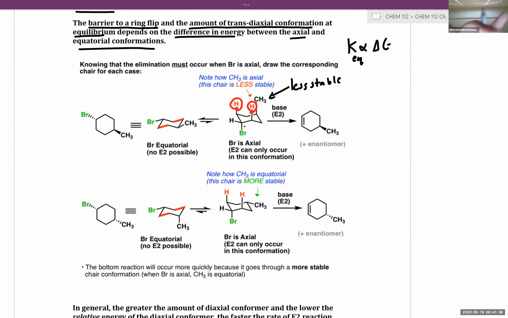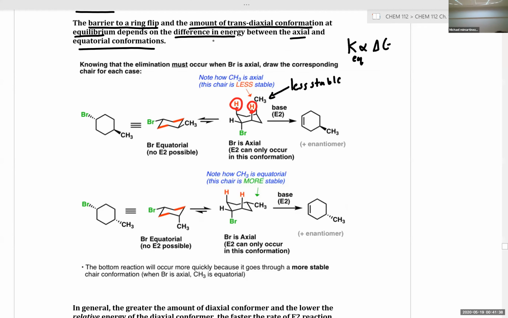Now, if we compare these two diastereomers, these two, well, it's a meso compound, but two compounds with slightly different orientations of our methyl group, we'll notice something a little bit interesting.